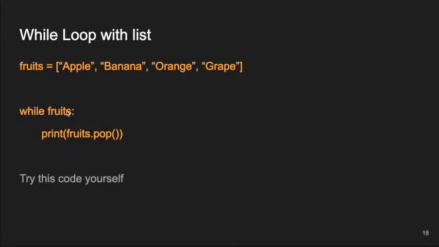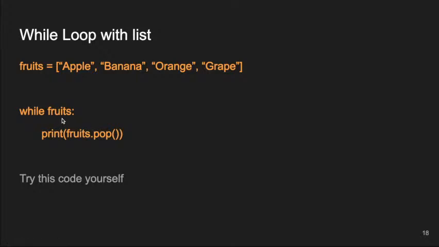Another thing to note is if you have while 1, or 2 or 3 or whatever, as long as it is not 0, that will also evaluate to true. But once you do while 0, that is going to evaluate to false. In that case, you don't really go into the loop.